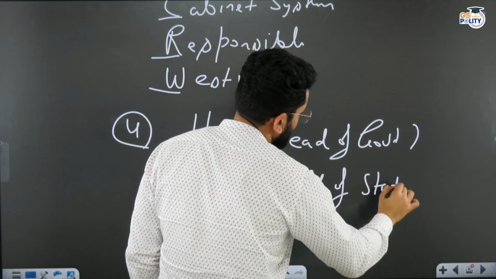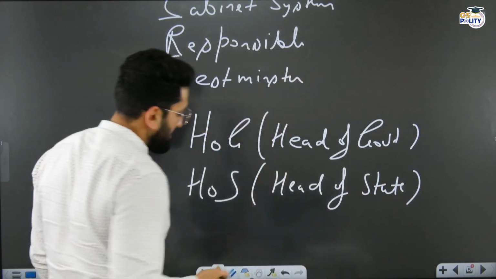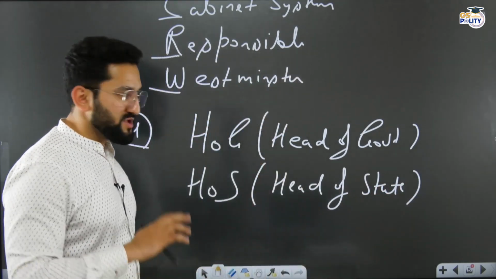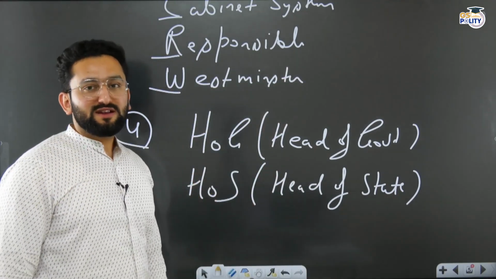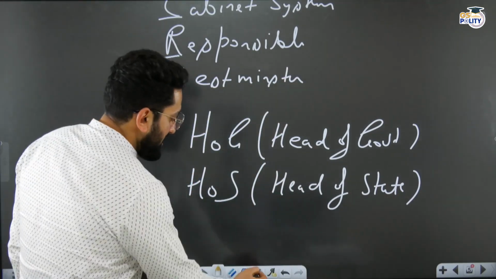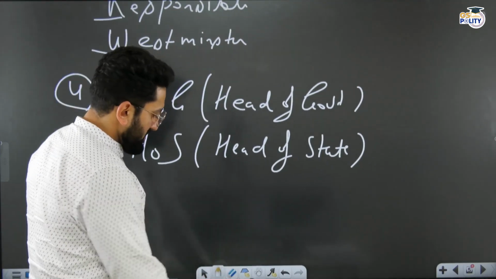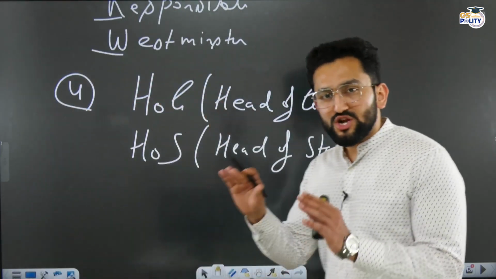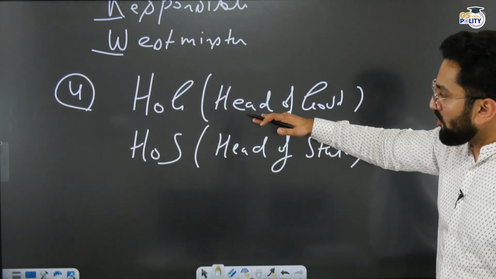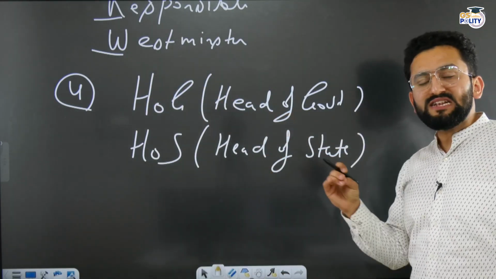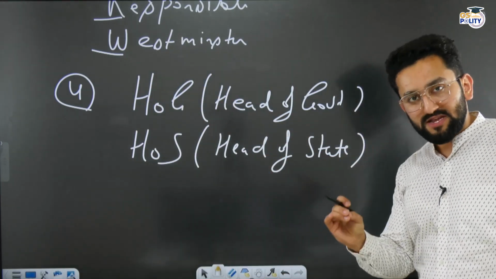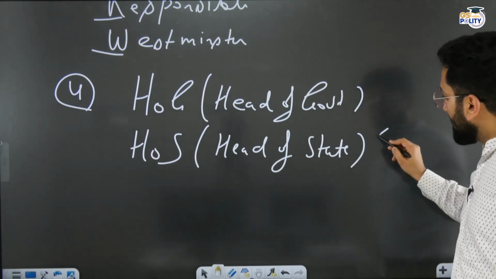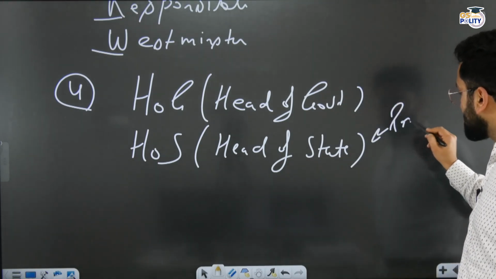And please remember, these are not the standard abbreviations. I'm just making them so that they can be fixated in your mind. Now, in the parliamentary form of government, there is a general tradition that the head of the government and the head of the state will be different persons. For example, in case of India, the head of the state is the President.